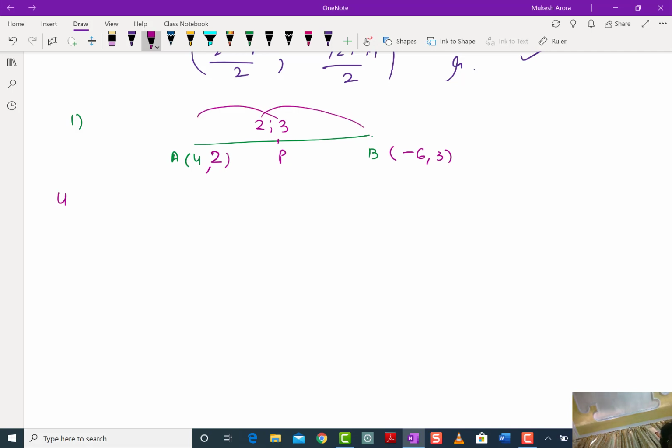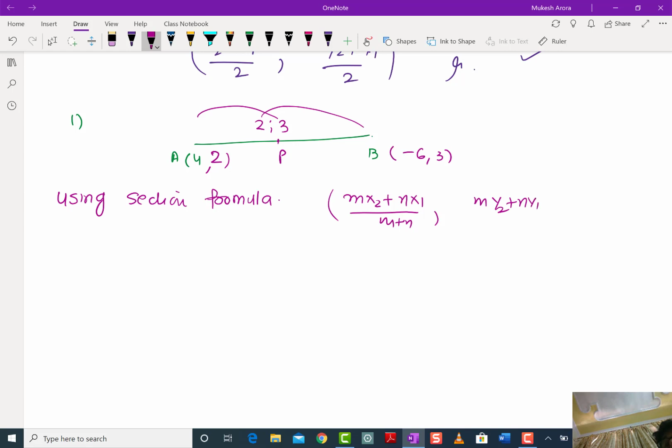So using the section formula, first of all we always have to write the formula: (m x2 + n x1)/(m + n), comma, (m y2 + n y1)/(m + n).